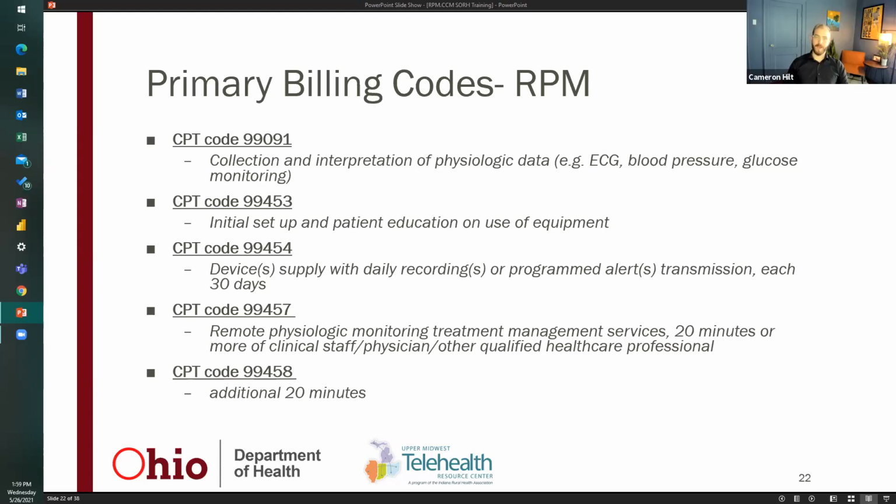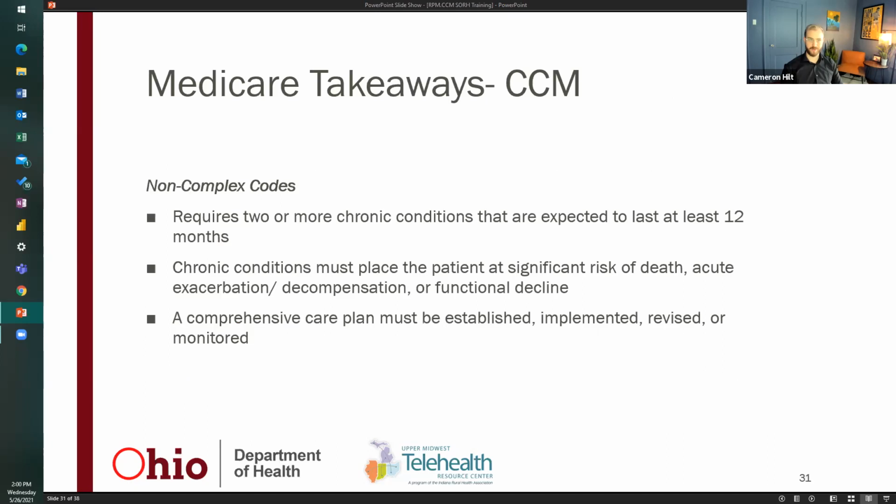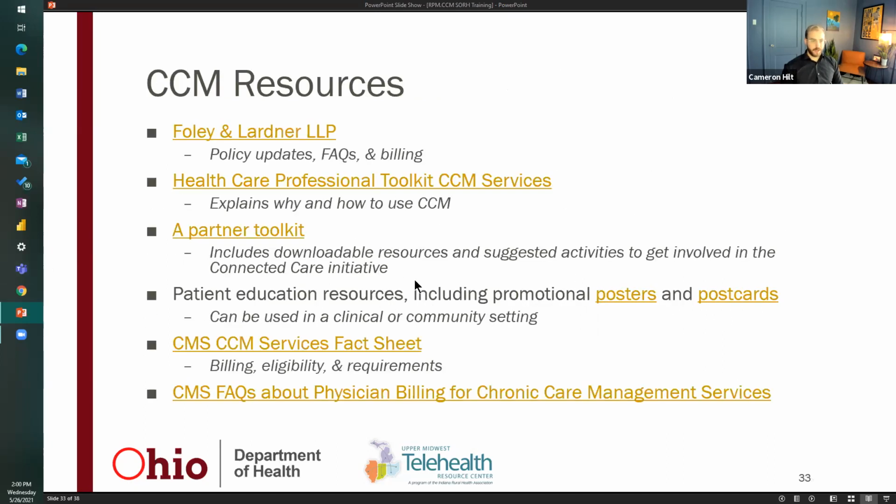Mm-hmm. Yeah, and Medicare, so actually the CCM resource that I have, give me one second. Yeah, I believe it might be the services fact sheet. It will actually say, because it always is very broad, it's qualified clinical professional, which leaves a lot of room for interpretation.